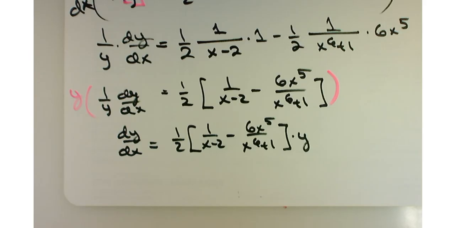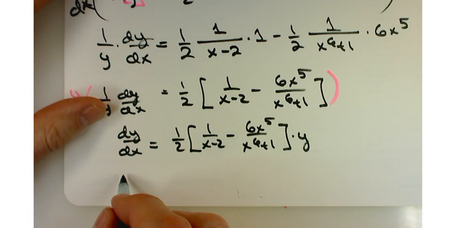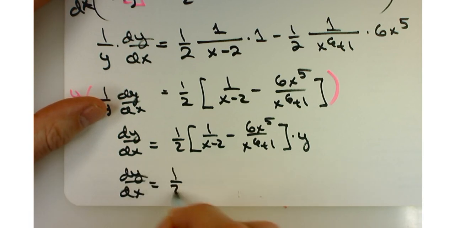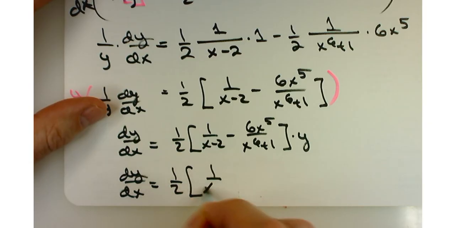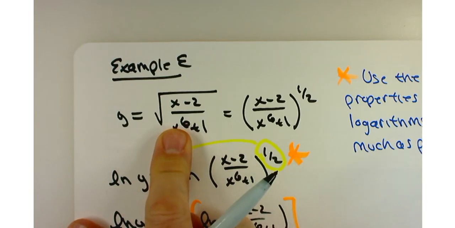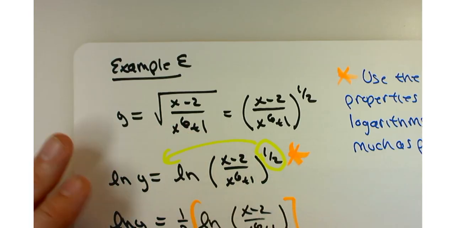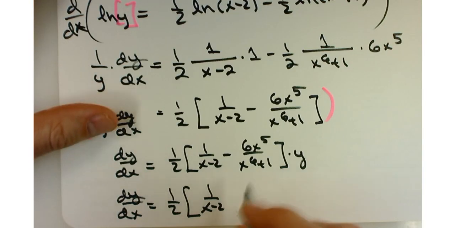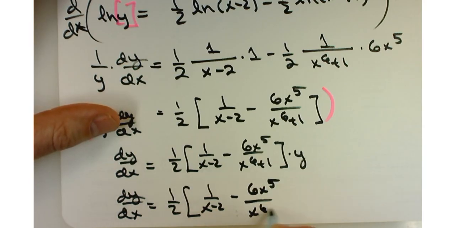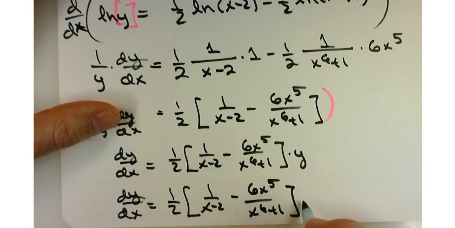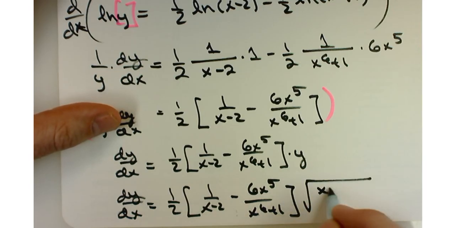But we prefer to have things in just terms of x. So the last step I can do is to replace y. What should I replace y with? Yeah, all the way back at the beginning: square root of x minus 2 over x to the 6 plus 1.